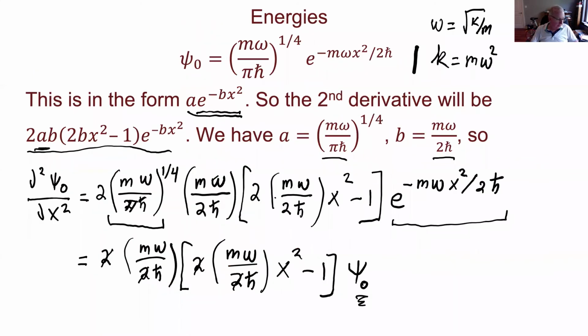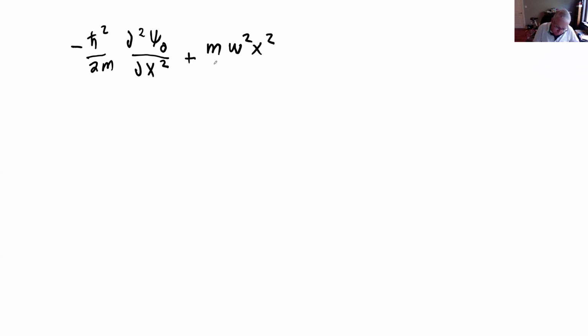So what I want altogether is minus h bar squared over 2m times the second derivative, where we know the second derivative piece now, plus the piece that I wrote up before as m omega squared x squared over 2, all times psi 0.